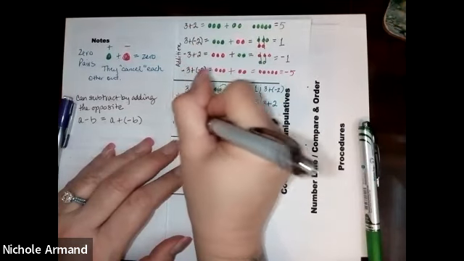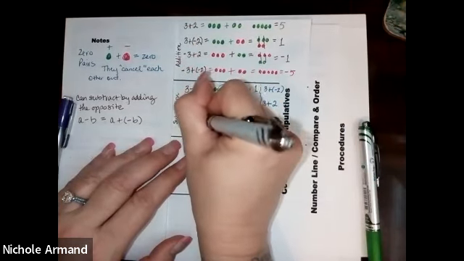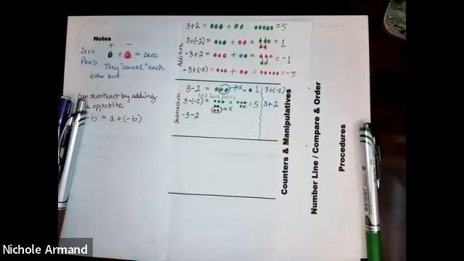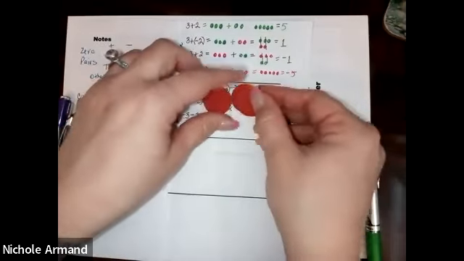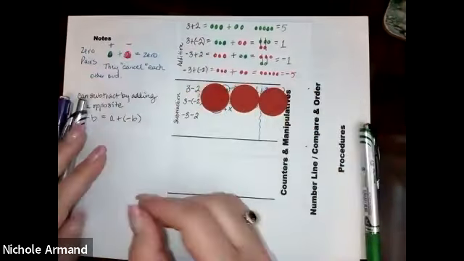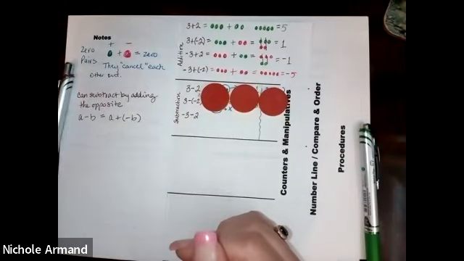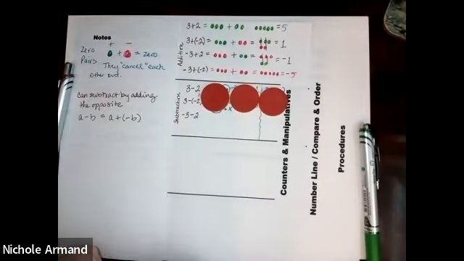-3 minus 2. So this time we have -3 counters, and I want to take away -2.